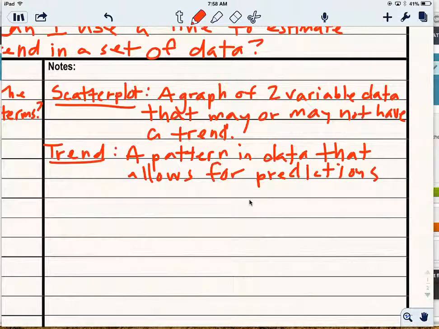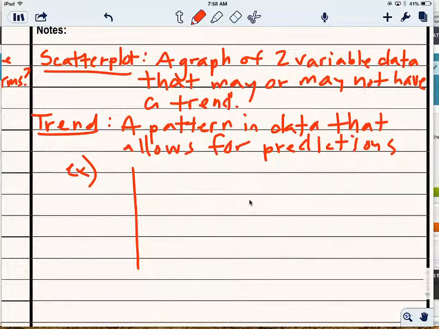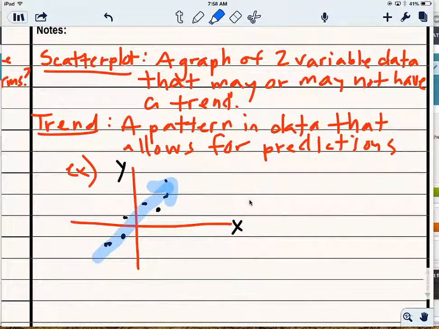And so a scatter plot, I'm going to branch off here and make an example. It may look kind of like that. It's just two variables, which means I have an x and a y axis. The data gets plotted, and the idea of a trend is that you can tell this data is sort of moving in that direction.